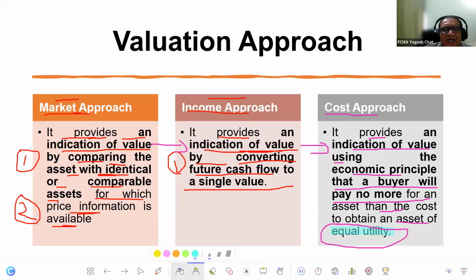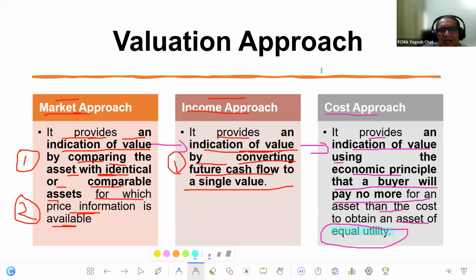Supposing I am deriving the value of a motor car which is 5 years old, I can derive the value of that motor car based on the value of a 5 year old motor car of the same make, same model.